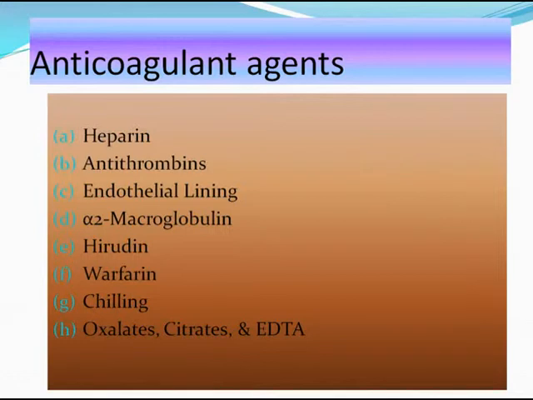Common oxalates and citrates are those of sodium oxalate, potassium oxalate, sodium, potassium or ammonium citrate. They precipitate or immobilize calcium of blood and therefore prevent its coagulation.